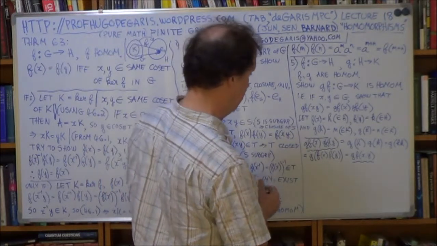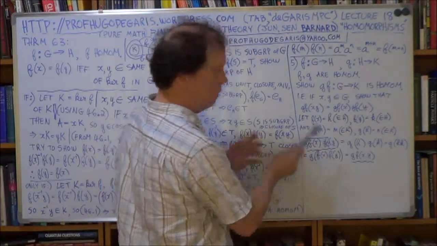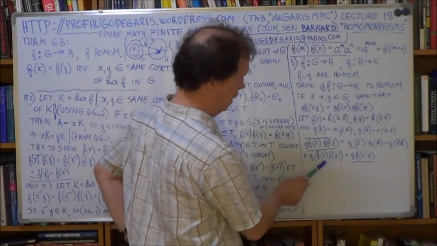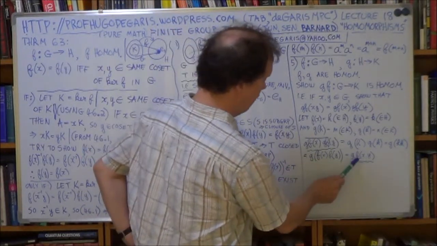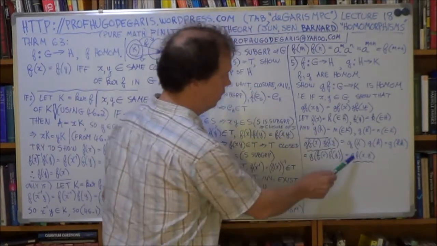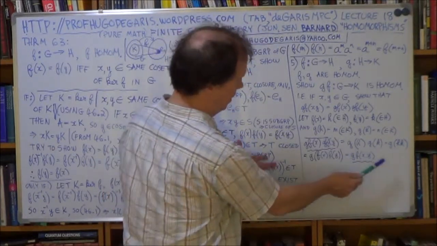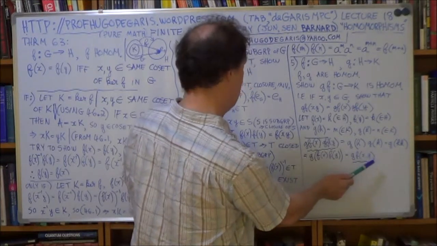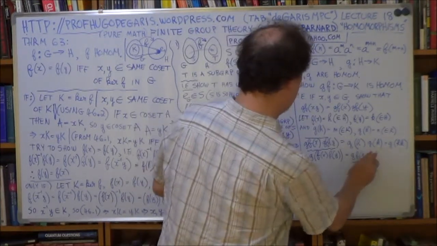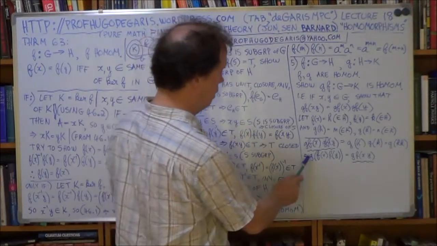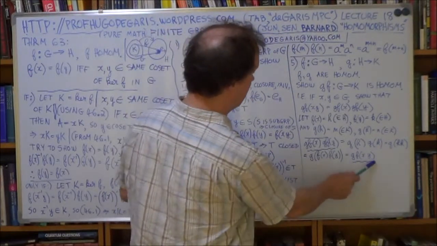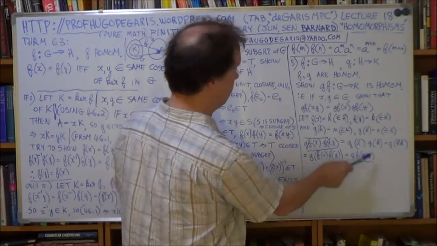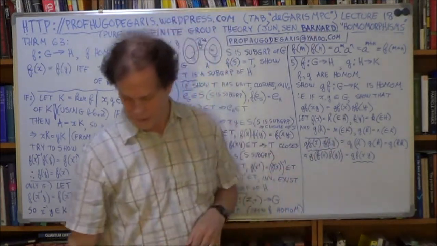But f is homomorphic, so f of x times f of y you can rewrite as f of xy. Now you've got a g outside it, so you've got gf of xy, and that equals this. So you proved it.